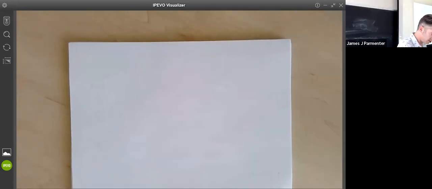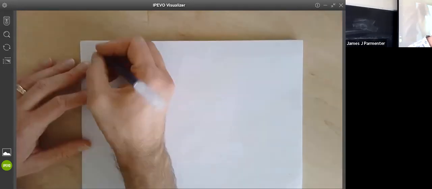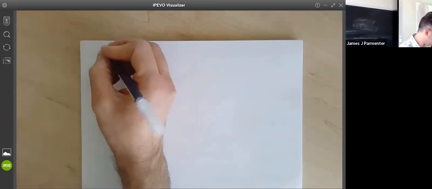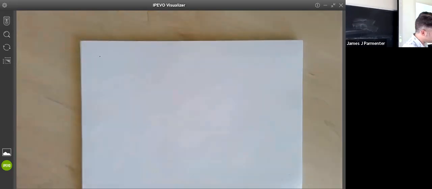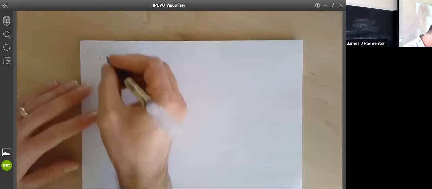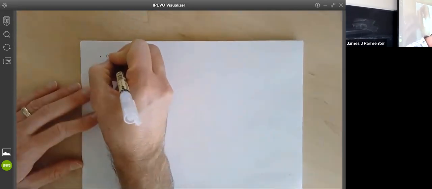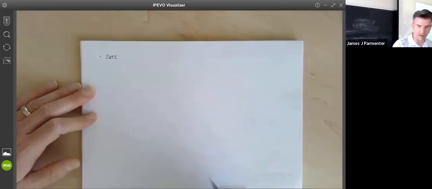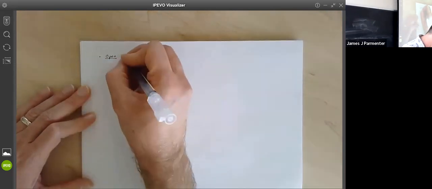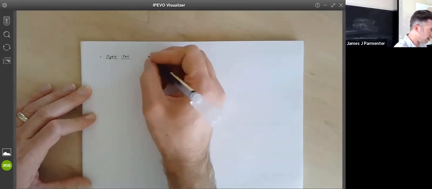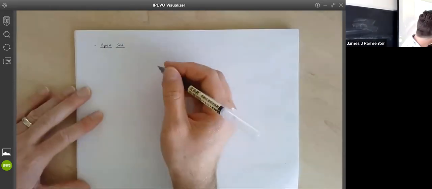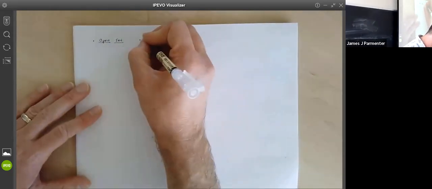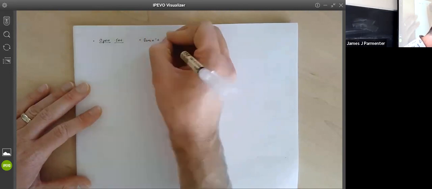So when you say a set is open, there's a few ways of thinking about an open set. One way, very broadly, is that an open set doesn't include the boundary.